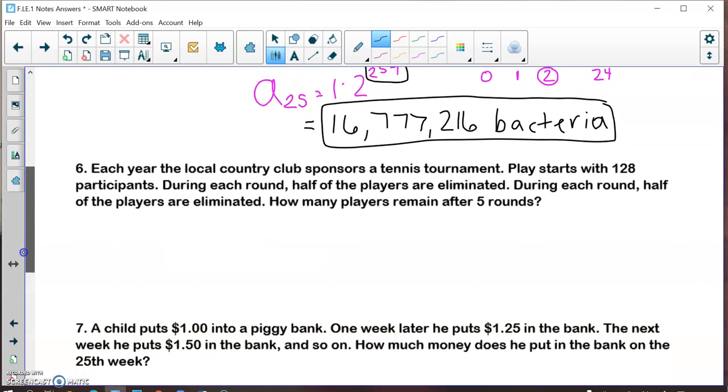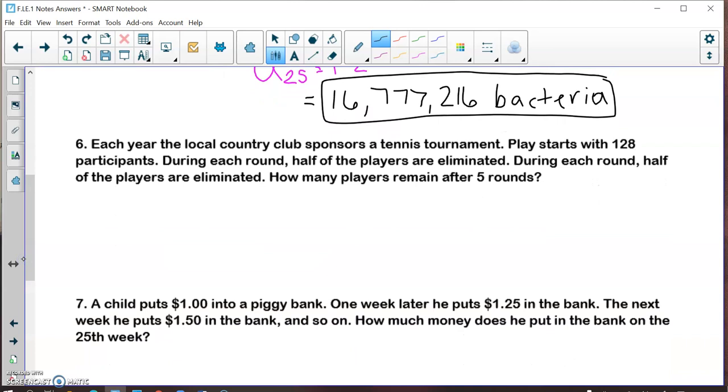All right, number 6. A reminder that for this one, we started with 128 participants in our tournament, and every round, half of the teams are eliminated. So what happened was, here's our sequence.